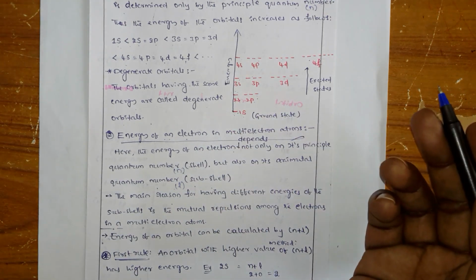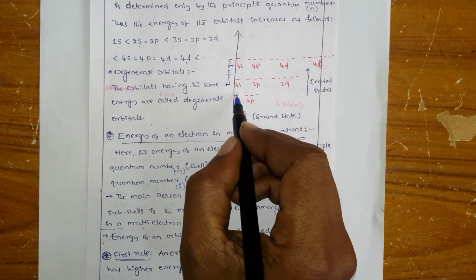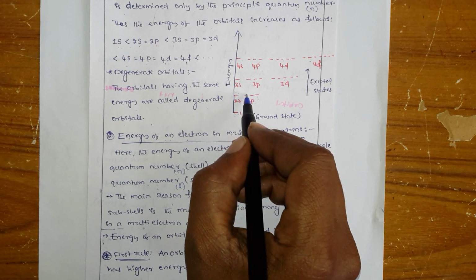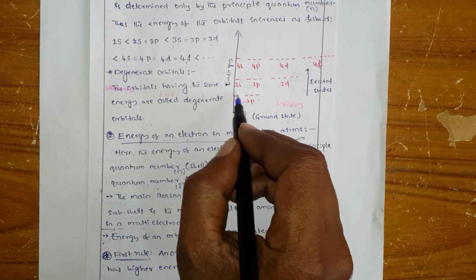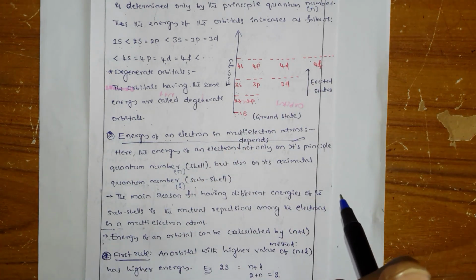There is a chance. So when you have multiple electrons, there is a chance of repulsion between the electrons, mutual repulsion. Suppose one electron is here and one electron is here, then there is a chance of repulsion between these two electrons. If they repel each other, what will happen?